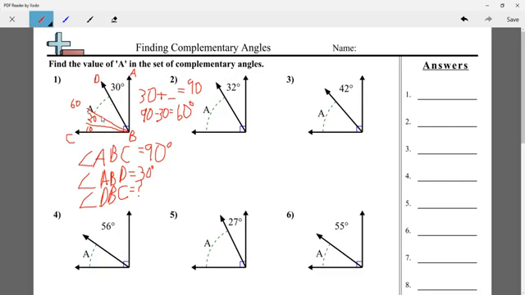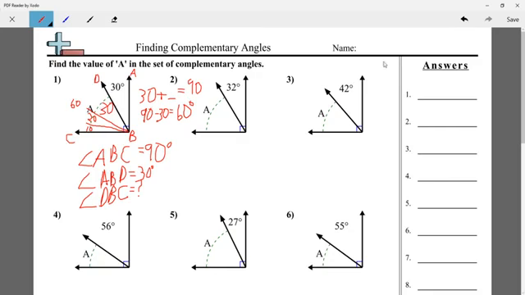Now, if I know that this angle is 20 degrees, and this angle is 10 degrees, and this whole angle is 60 degrees, this has to be 30, because 20 plus 10 is 30, and then 30 plus blank equals 60, so this would have to be 30.